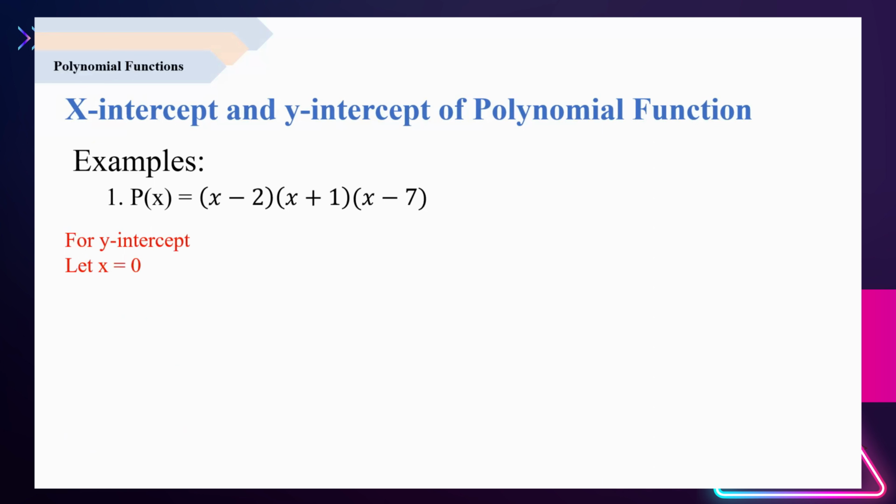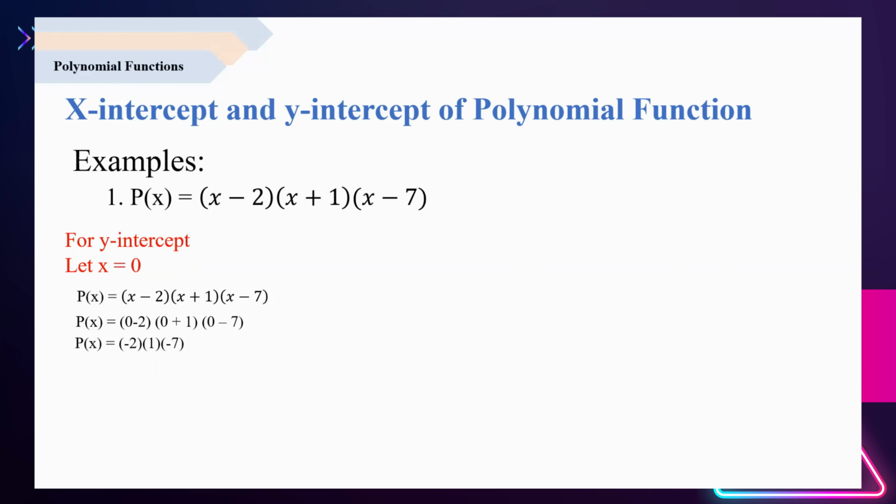So laging x is equal to 0 to determine the y-intercept sa ating polynomial function. So p of x is equal to x minus 2 times x plus 1 times x minus 7, papalitan natin lahat ng x ng 0. So therefore, p of x is equal to 0 minus 2, 0 plus 1, and 0 minus 7.